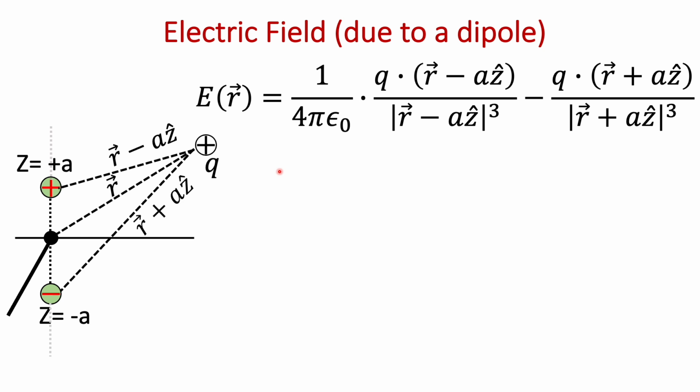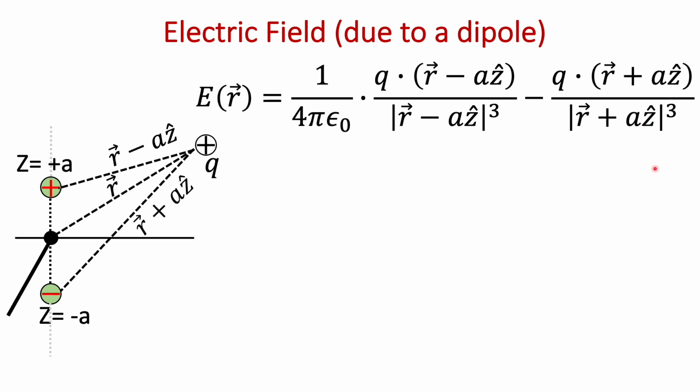It is equal to 1 upon 4 pi epsilon 0, q, the strength of the charge, times the distance vector divided by the magnitude of the distance vector cubed, minus the electric field due to the negative charge, that's why we have a minus here, times r plus a z, the distance from this charge, divided by the cube of the magnitude of the distance vector.